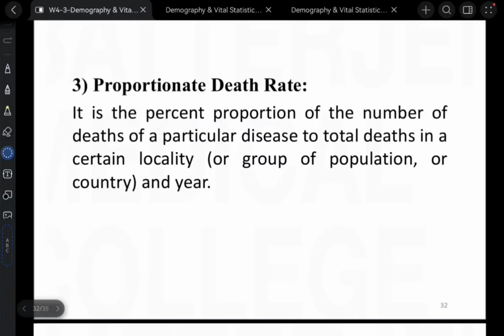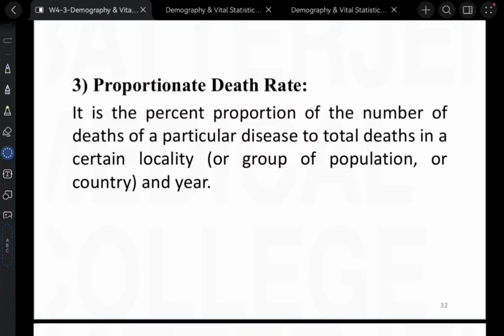Last slide here, proportionate death rate. It says here it is the percent proportion of the number of deaths of a particular disease to total deaths in a certain locality. So here, what we're focusing on is if we had, for example, 3,000 deaths this year, how much of those are caused by this specific disease?